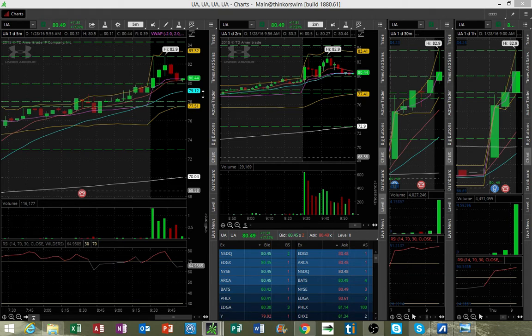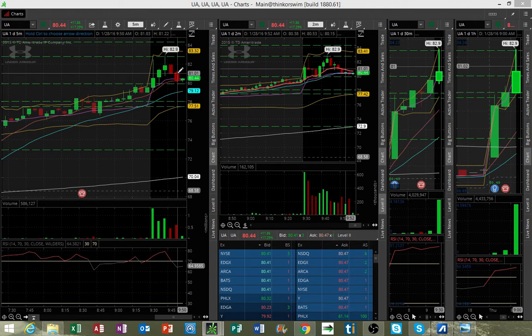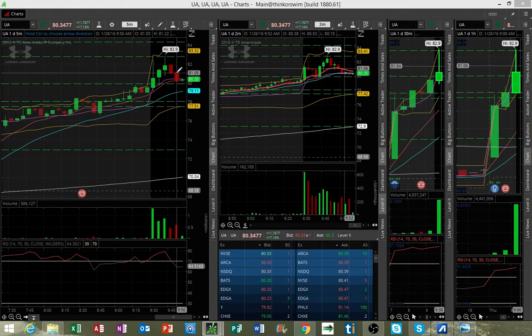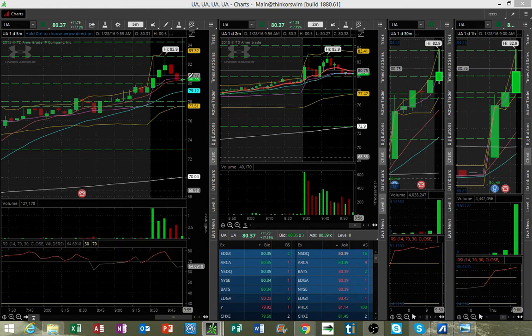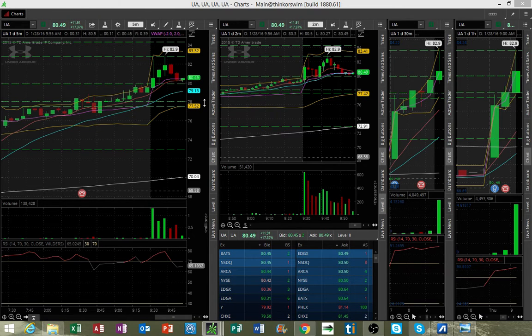So I was in 500 shares at this point with an 81.15 average. I could have even let it go back to the high of this and still have a little bit of profit. But I was using this VWAP. I'm going to protect it.